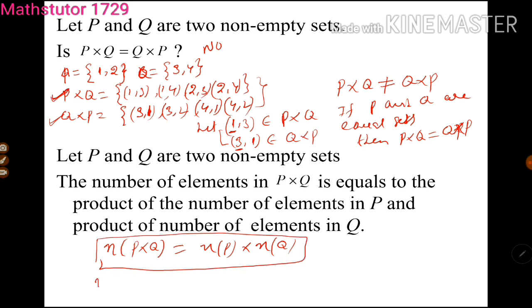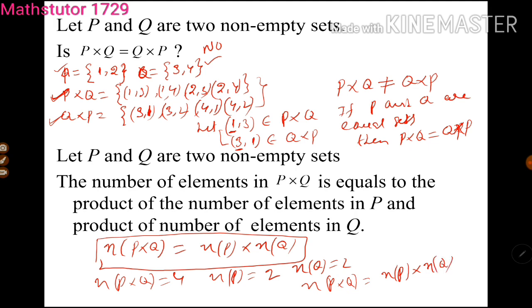Here the number of elements of P cross Q is 4. n(P) is equal to 2 and n(Q) is also equal to 2, so 2 times 2. So n(P cross Q) is equal to n(P) times n(Q).